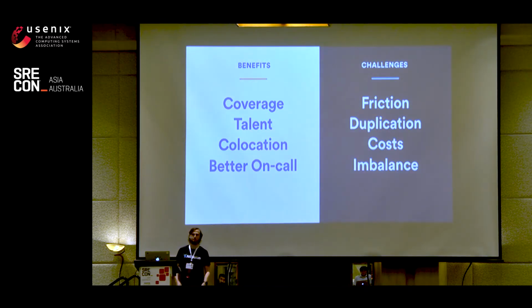So, I'm sure many of you already understand some of these, but let's just recap why we usually pursue having a distributed team. First of all, you're only going to go for something if there are real big benefits in it. Big benefits that you typically see are coverage.